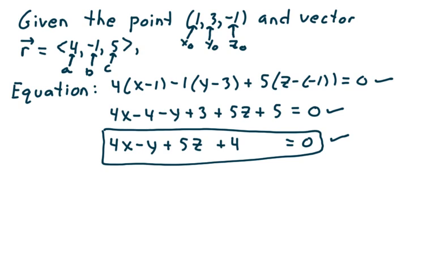So 4x minus 4 minus y plus 3 plus 5z plus 5 equals 0. Simplifying, we get 4x minus y plus 5z plus 4 equals 0. And that's the equation of the plane for problem number 27.